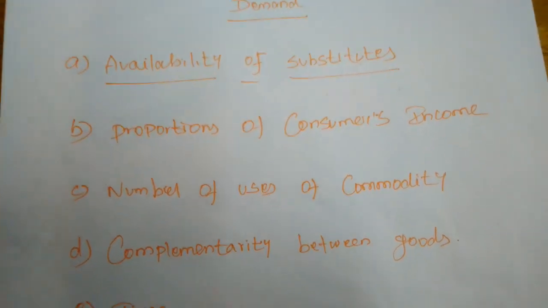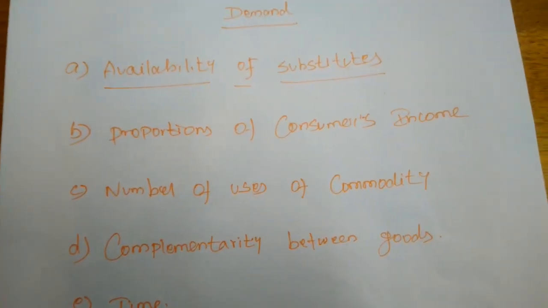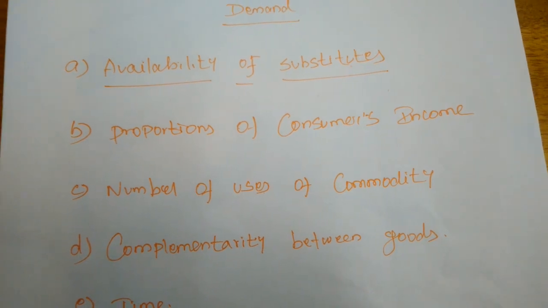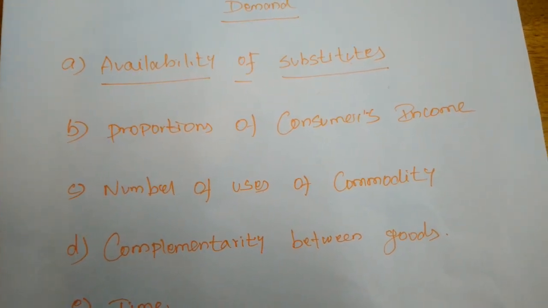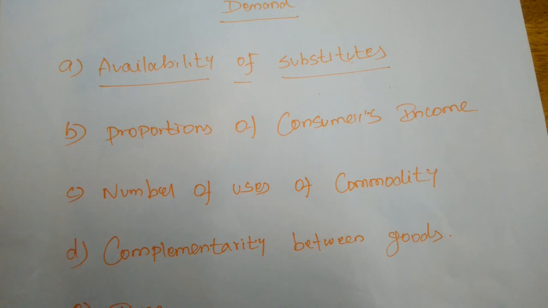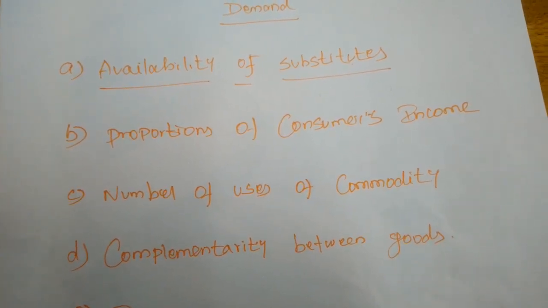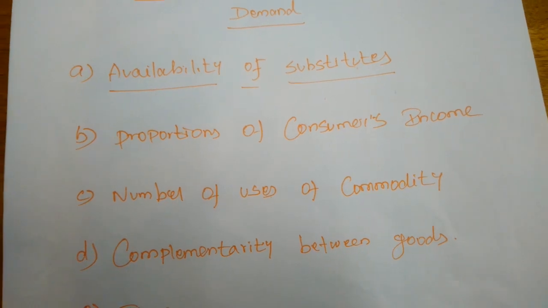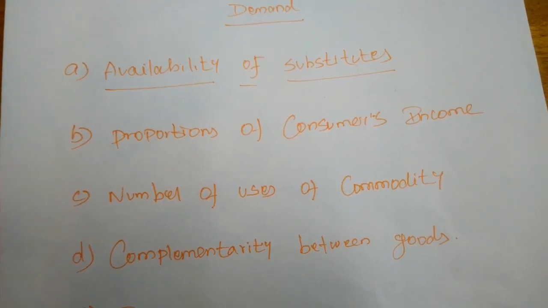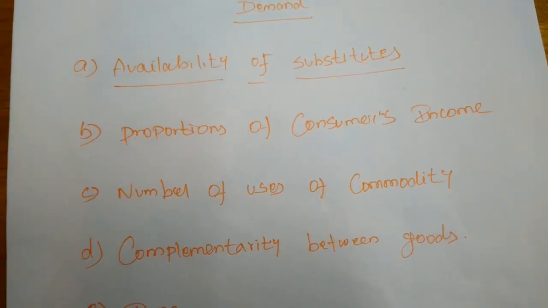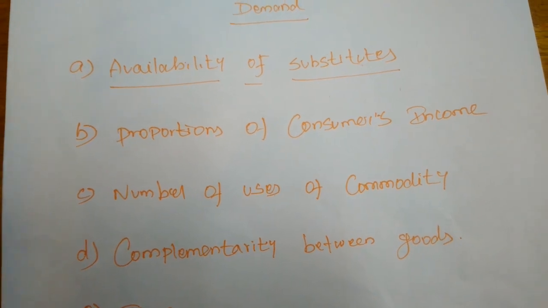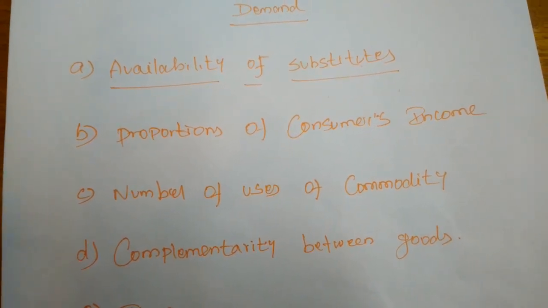When we go to the market and many substitute commodities are there, if the price of any commodity increases, we will suddenly select the substitute commodity. So if the price of that product increases, buyers will buy its substitutes only.